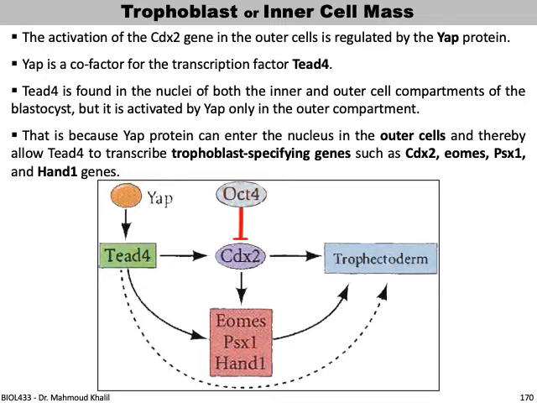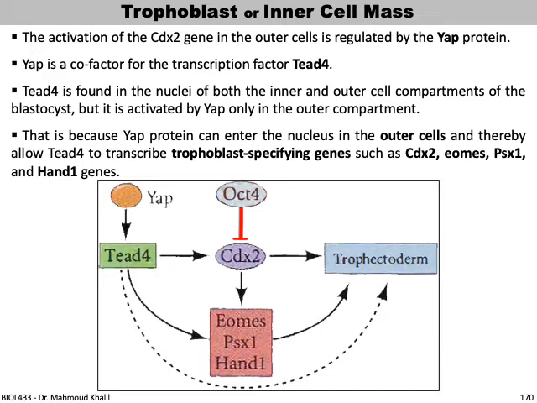In other words, for the blastomeres of the Morula stage to be differentiated into trophoblast or trophectoderm, it needs a signal from CDX2, and CDX2 needs a signal from TEAD4, which needs a signal from YAP.